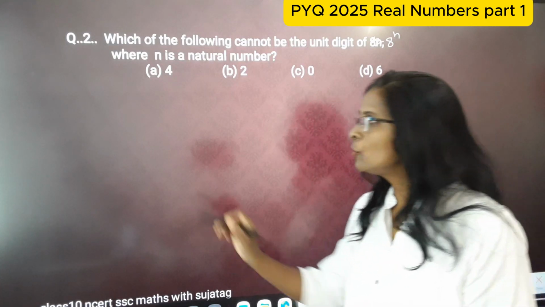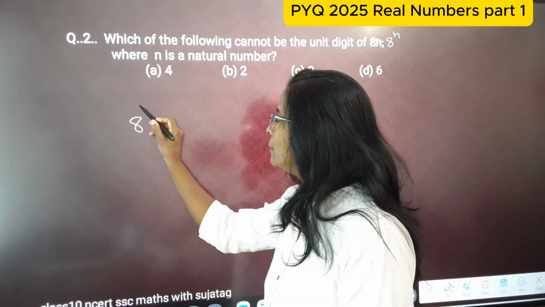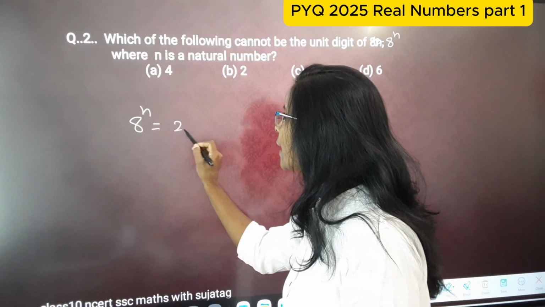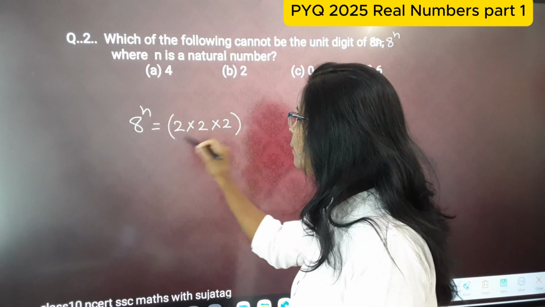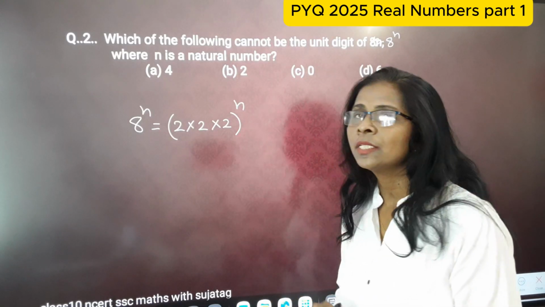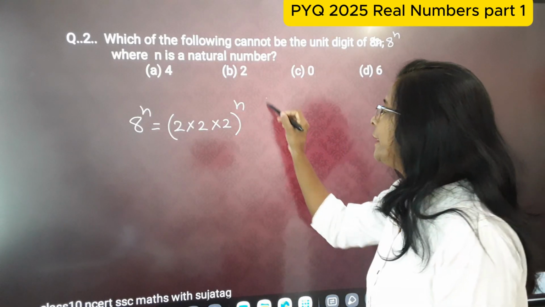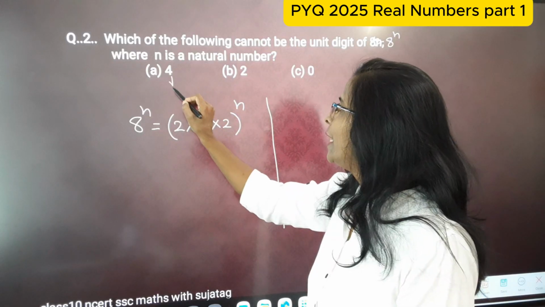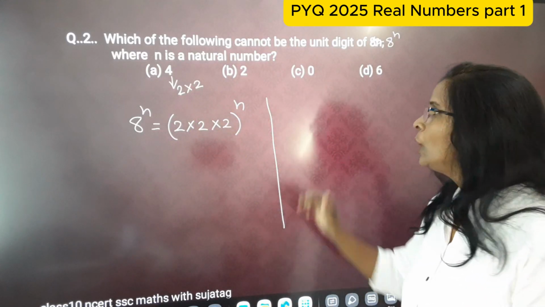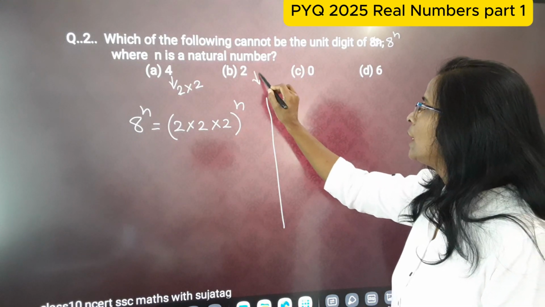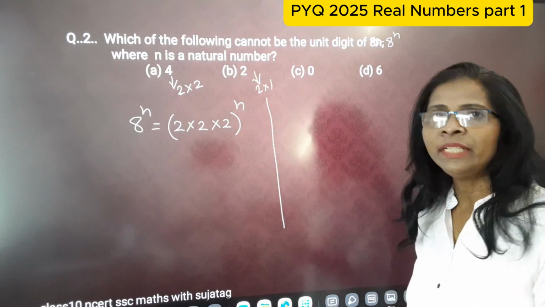Now students, 8^n can be written as 2 multiplied by 2^n. If you factorize 4, it becomes 2 multiplied by 2, so it ends with 2. Then 2 ones are 2, it ends with 2.